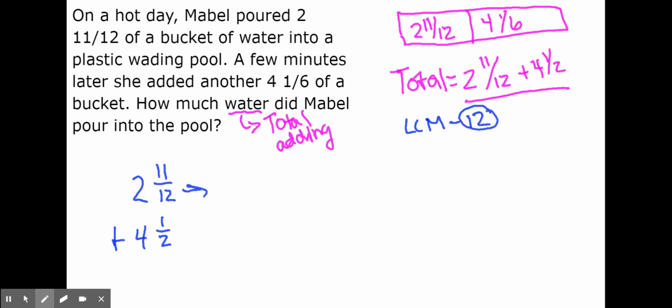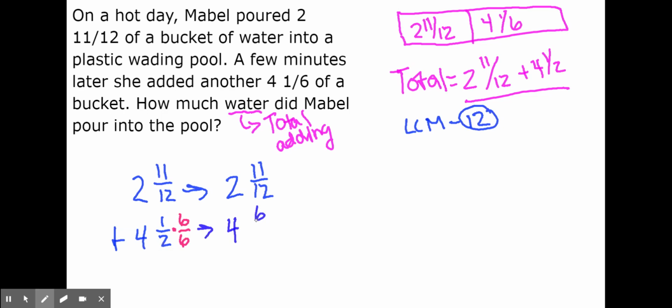So 2 and 11 twelfths, we're just going to keep. I'm going to multiply by my form of 1. To get 2 to 12, I need to multiply by 6. So I'm going to keep 4 because I'm not multiplying 4 by 6. 4 just stays. I'm only multiplying the fraction by 6 to get an equivalent fraction.